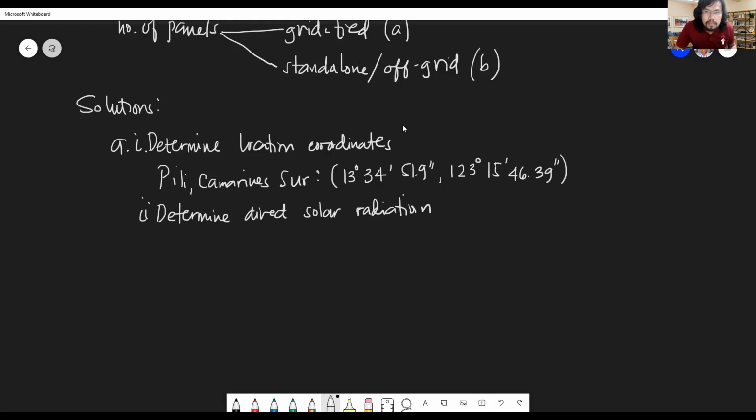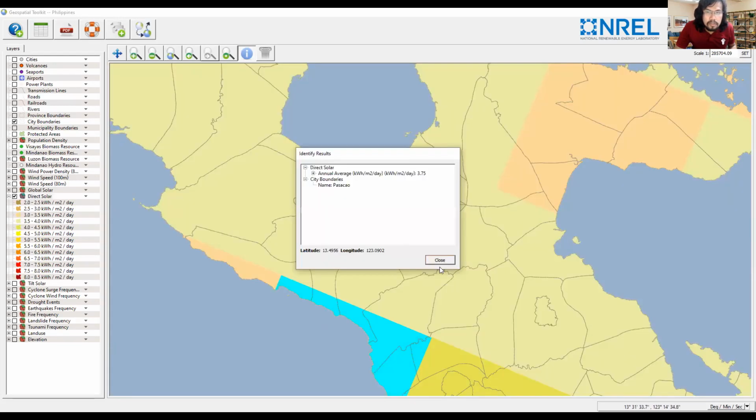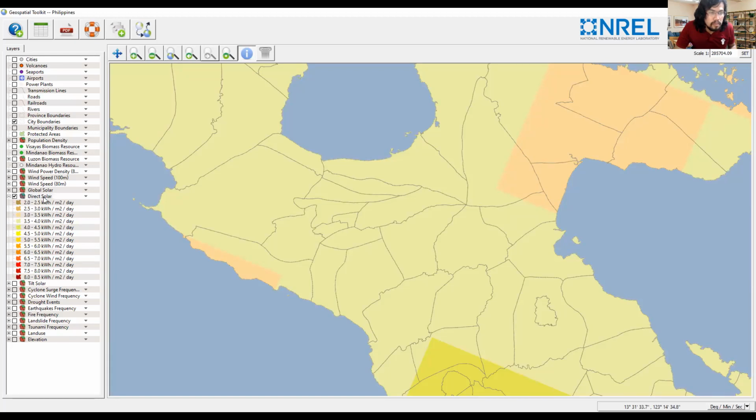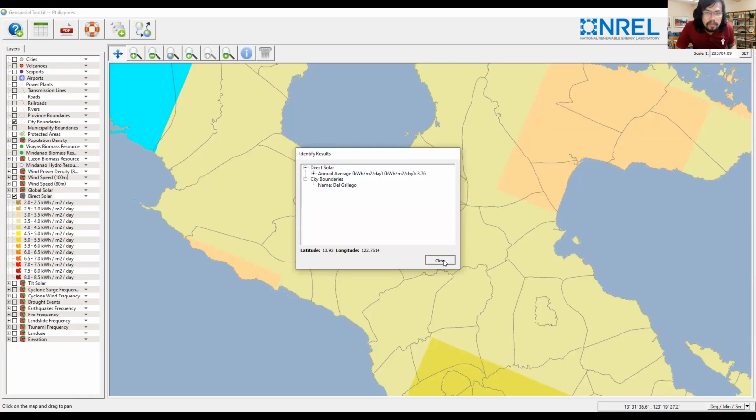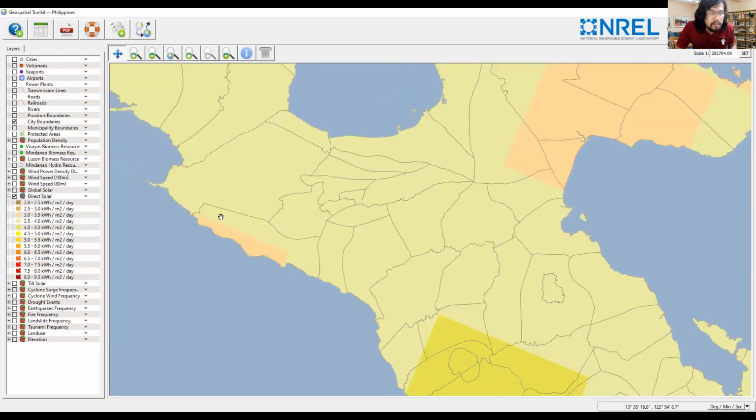Let's look at this data sheet that we have on the direct solar. This is a geospatial database for the whole Philippines. And when you tick the direct solar, it shows the data for the whole Philippines.